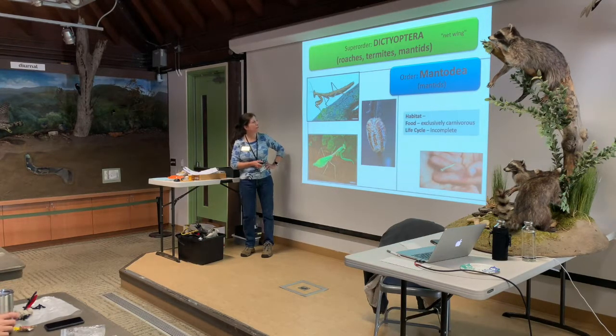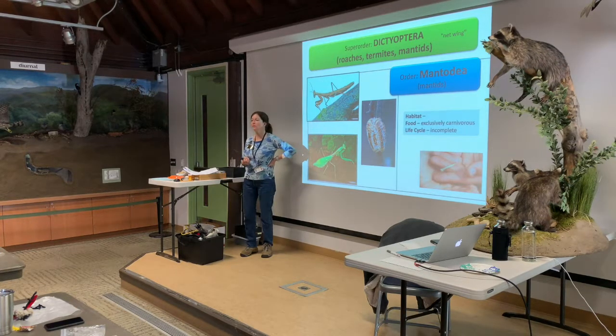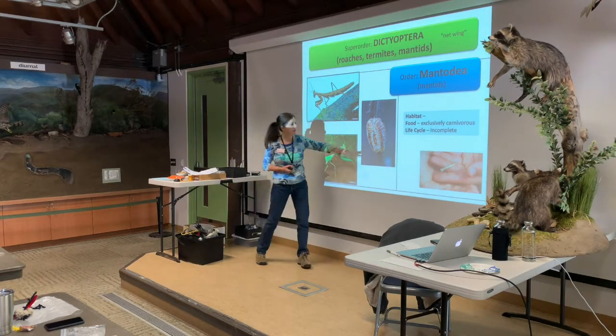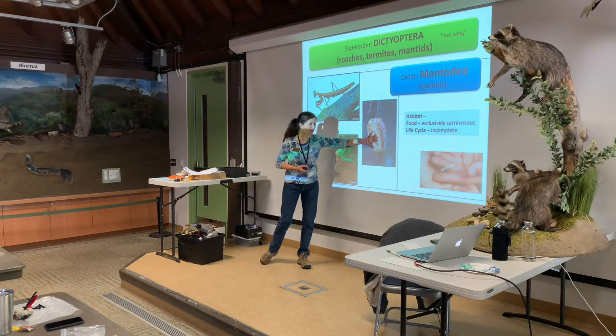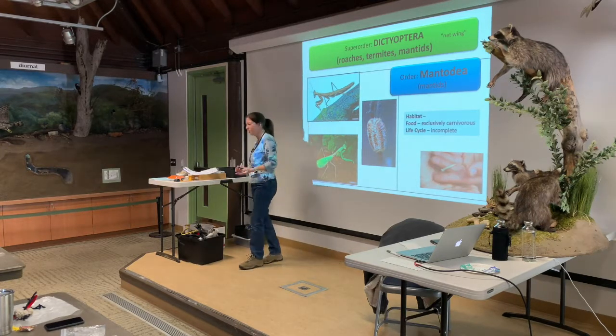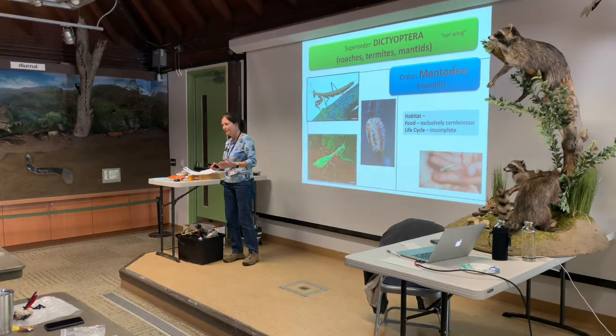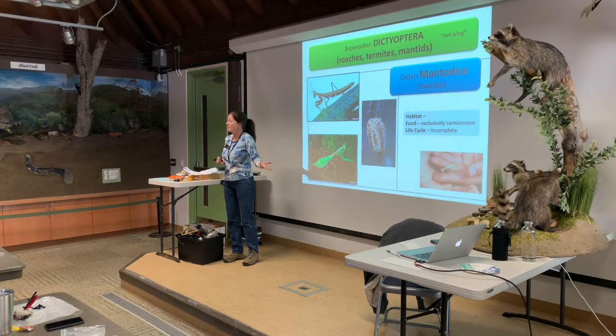And then the mantids. So your little praying mantises. They are exclusively carnivorous. So if you happen to be hatching them out, as soon as they hatch, they need to go their separate ways, because otherwise they're looking kind of yummy to each other.